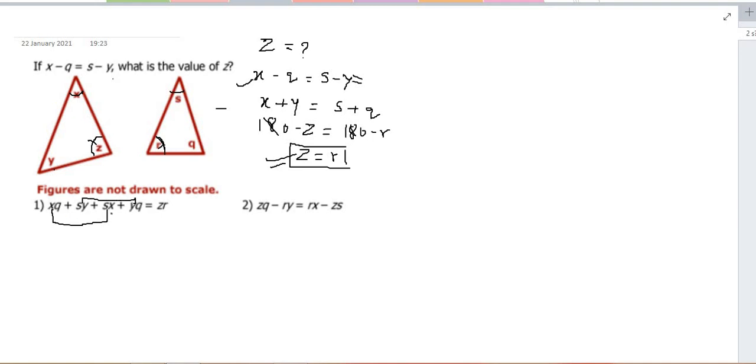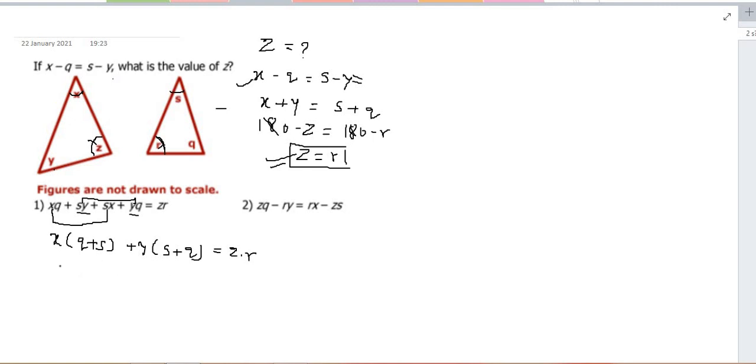You can also do it the other way, taking s together and q together. It's up to you. So let's take x together. If you take x, inside you will get q plus s, plus when you take y together, inside again you will get s plus q, that is equal to z into r.